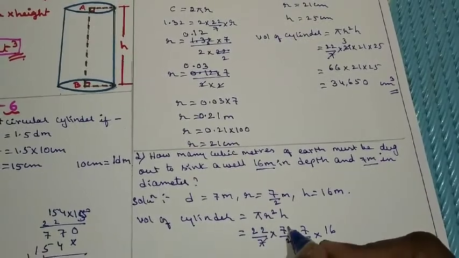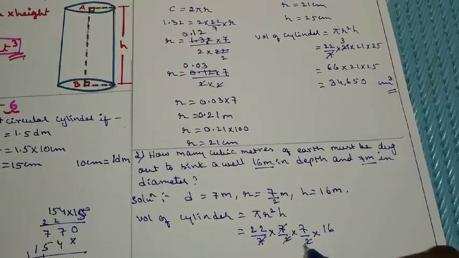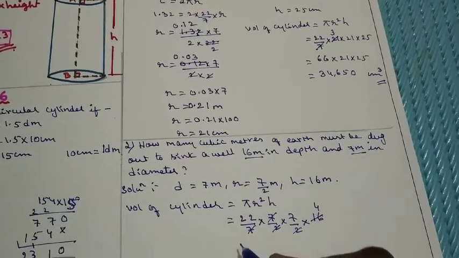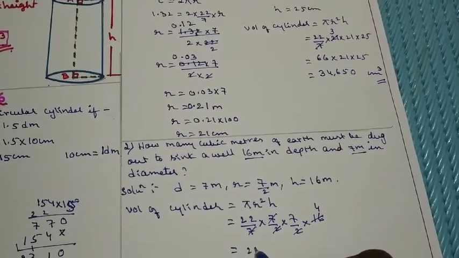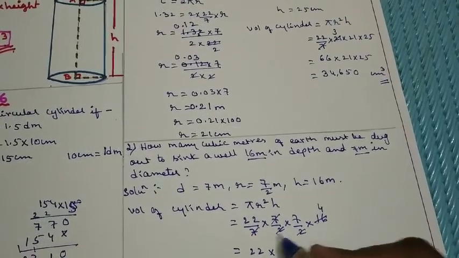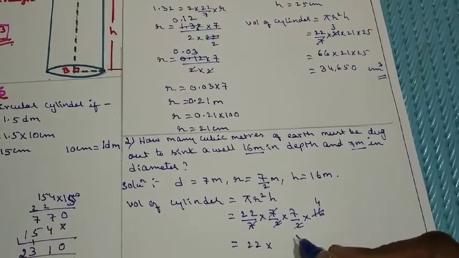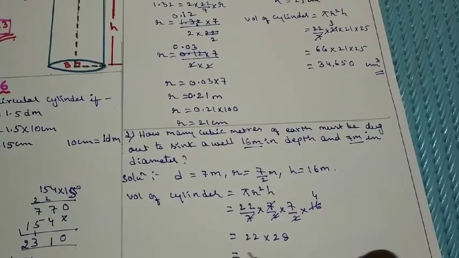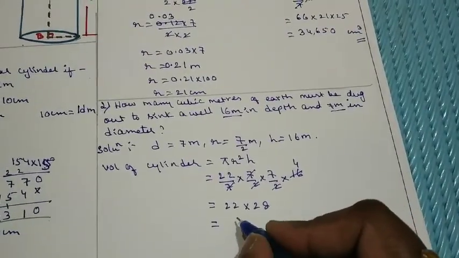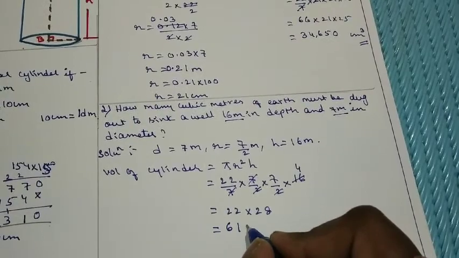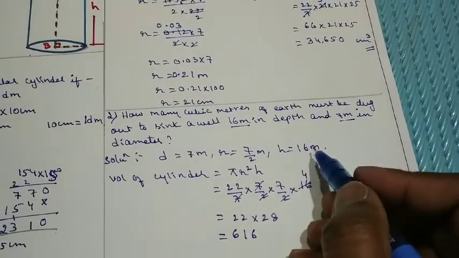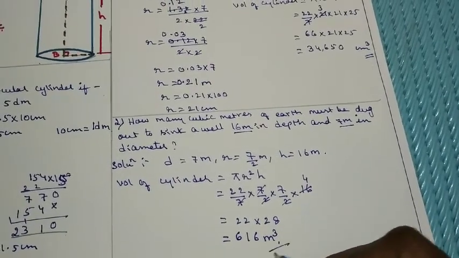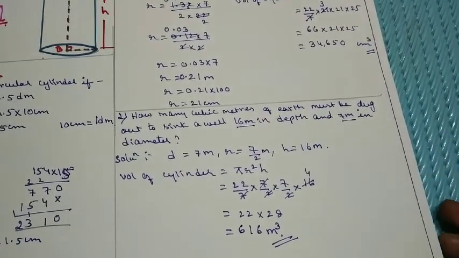Then 7 1s are 7, 1s are 1, then 2 2s are 4, so 4 in the denominator, so 4 4s are 16. Then 22 into, you can go with individual cancellation with the 2 table also, children, 7 4s are 28. Then multiply 22 into 28, so we will get 616, and the unit of both is the same, therefore meter cube. If the units are different, we need to convert into the same units, children.